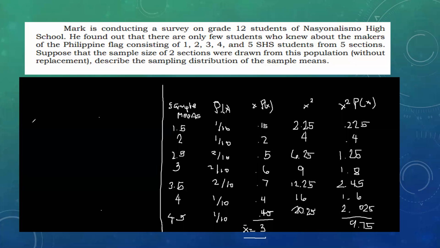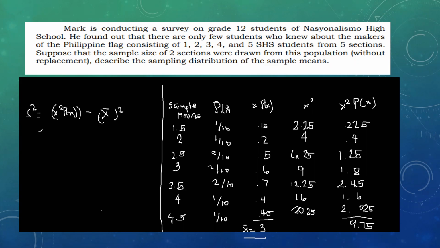That will be S squared. So, that will be ito, which is x squared p of x minus our mean squared.